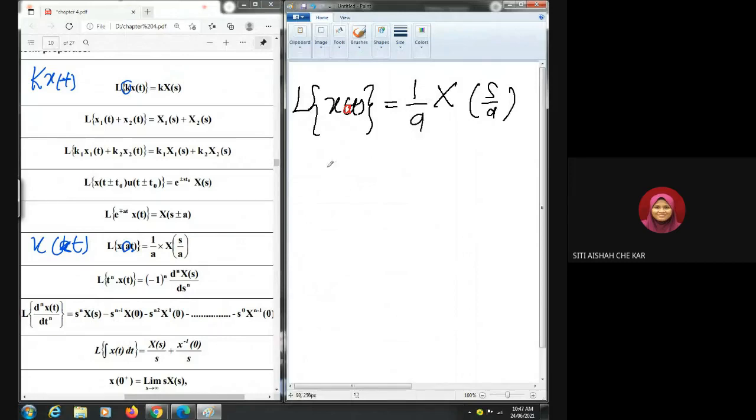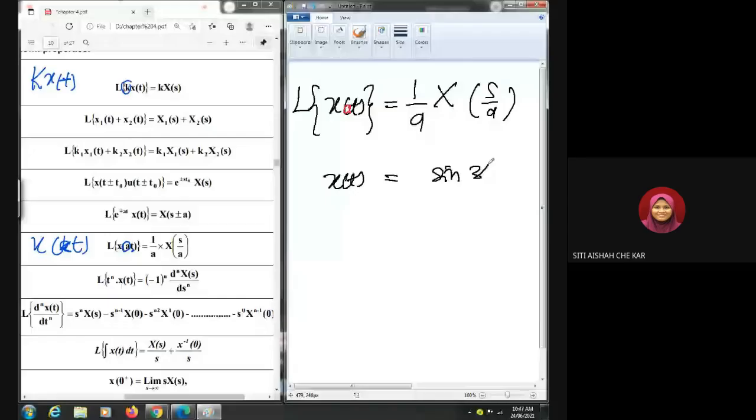Okay, let's say I have x(t) equal to sine 3t. Sekejap. Sine t. Okay?